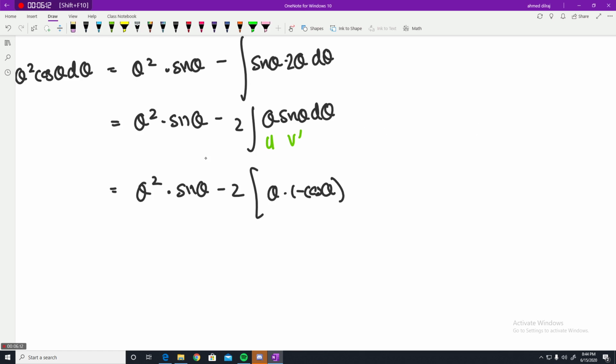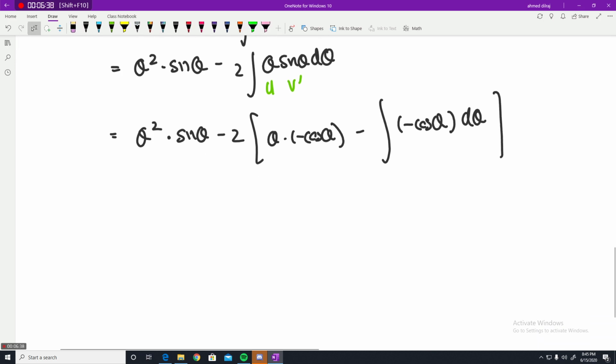Now, we subtract the integral of u prime v. Well, u prime is 1, because the derivative of theta is 1. And the v, which we said before, is minus cos theta. So we have minus cos theta d theta, because 1 times minus cos theta d theta is just minus cos theta d theta.